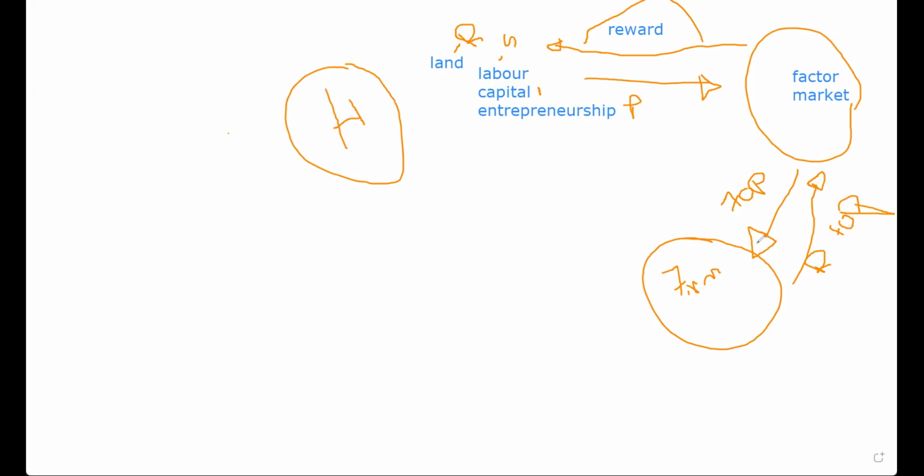Then the firm uses these factors of production in the production process to produce other goods and services. Then after that, the firm will sell the goods and services. They will sell the goods.